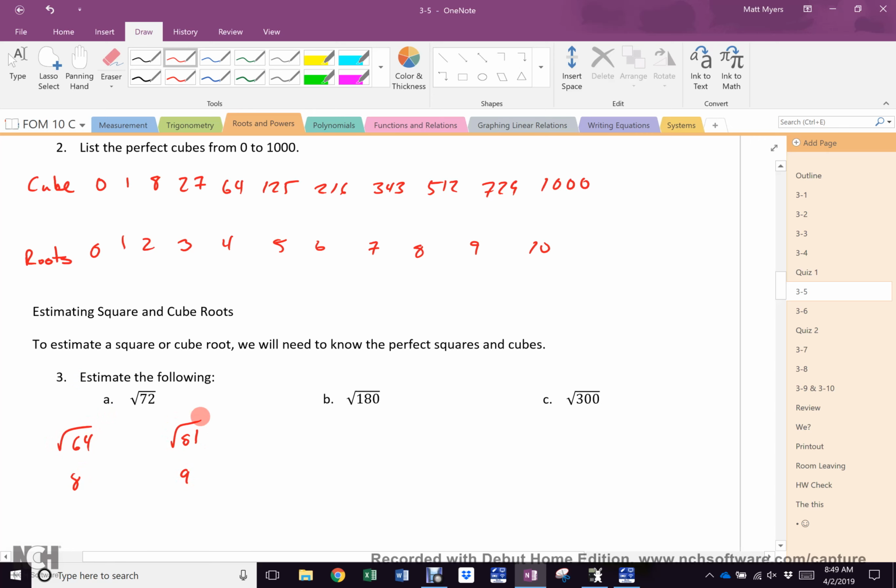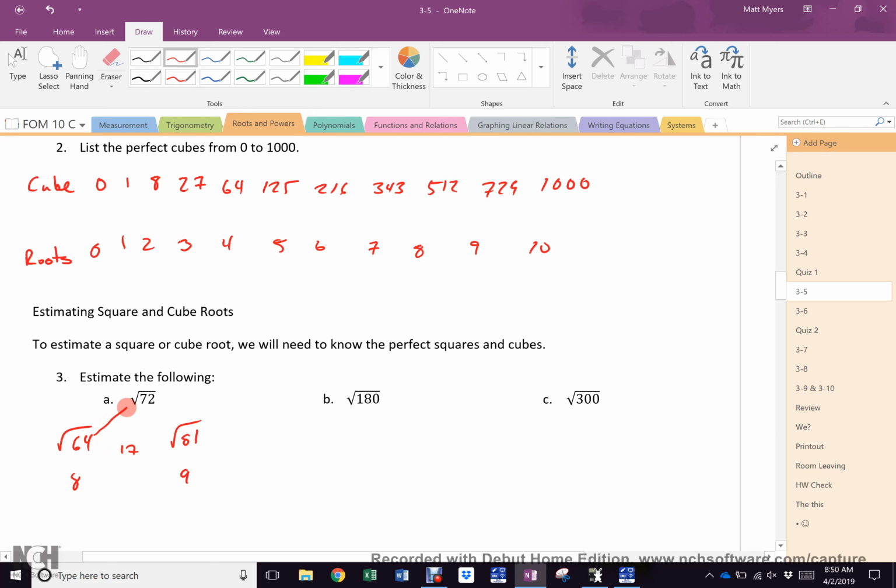Now, you're intelligent young people. The square root of 72 is between them, yes? So the square root of 72 must be between 8 and 9, yeah? What is it? Well, let's look. How far is it from 64 to 81? How many numbers are in there? 17, right? So this has 17 steps along the way, yeah?